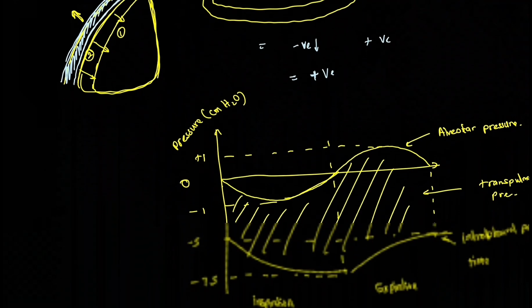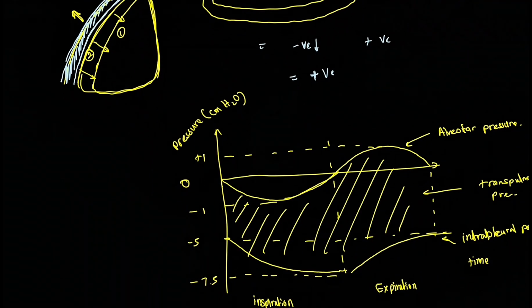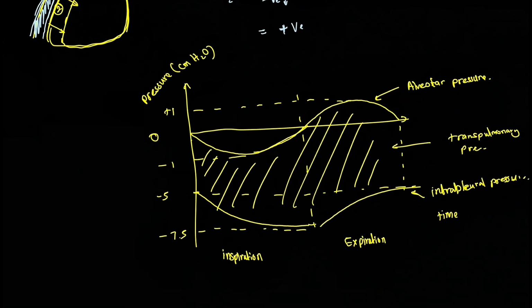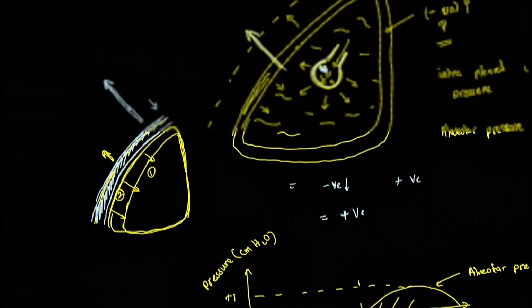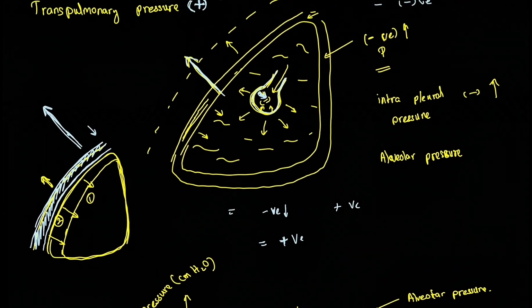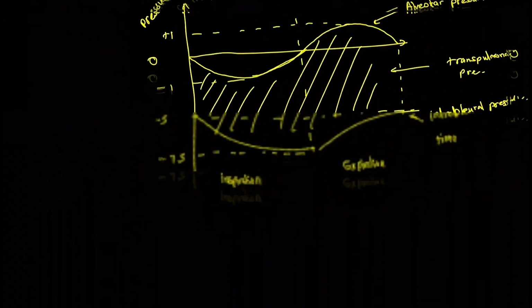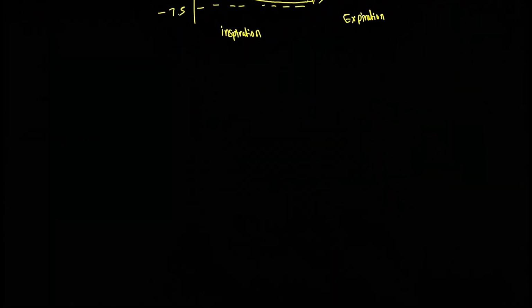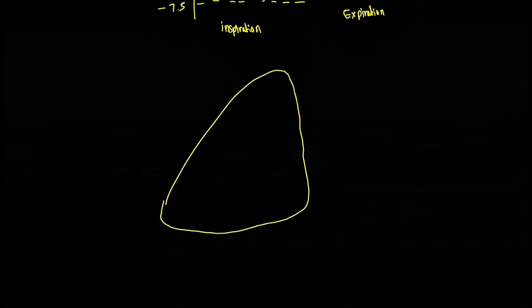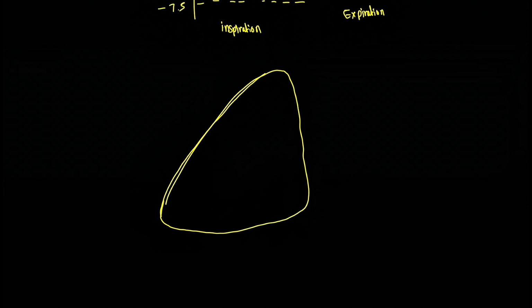So this is how the alveolar pressure changes, and this is how the intrapleural pressure changes. According to that, the transpulmonary pressure changes. The transpulmonary pressure is the net pressure which helps the lungs to expand. Now we'll talk about the pressures that tend to collapse the lungs. We call these the elastic properties.